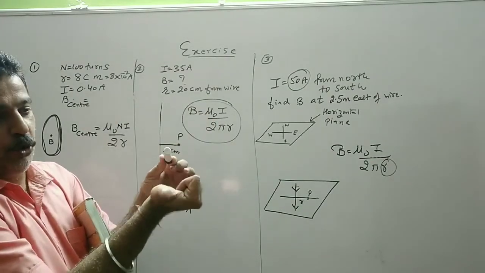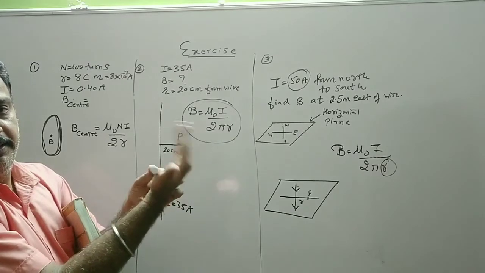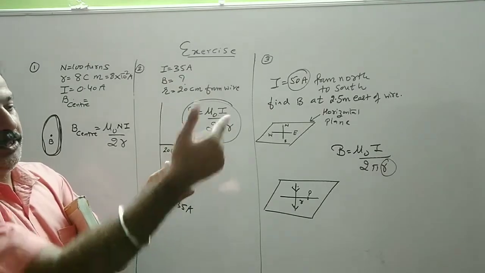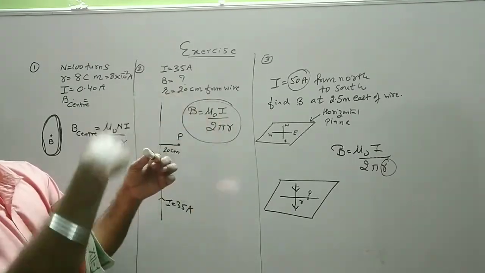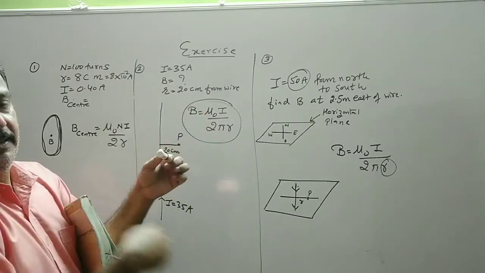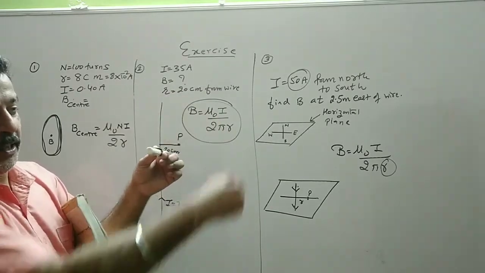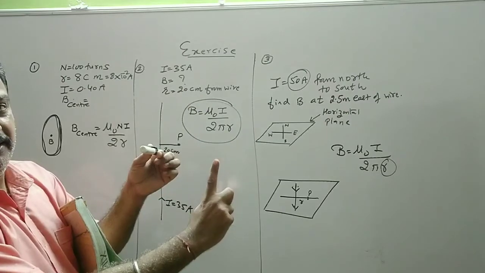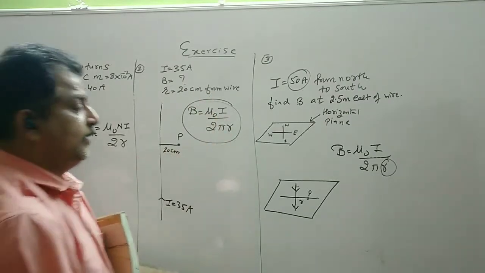So current is from north to south. You curl your fingers. Circle is formed like this. You first make a circle, stop at this point, so it will be along the tangent.